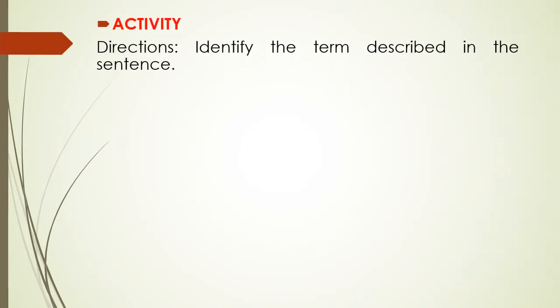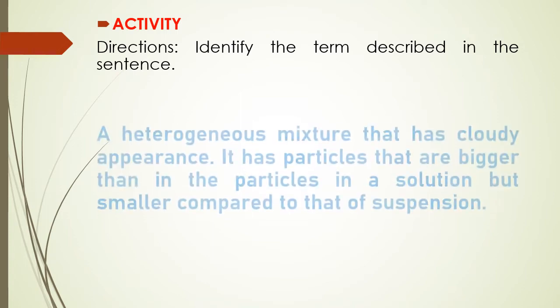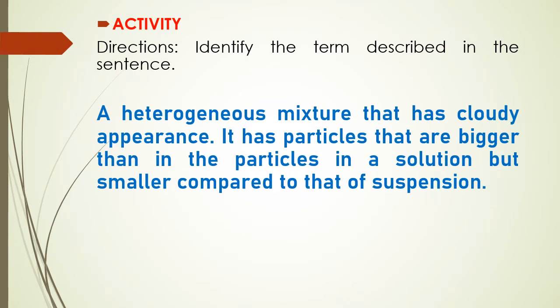Okay, so we are going to have now an activity, and the directions will be the following. Identify the term described in the sentence. A heterogeneous mixture that has cloudy appearance. It has particles that are bigger than the particles in a solution but smaller compared to that of suspension.